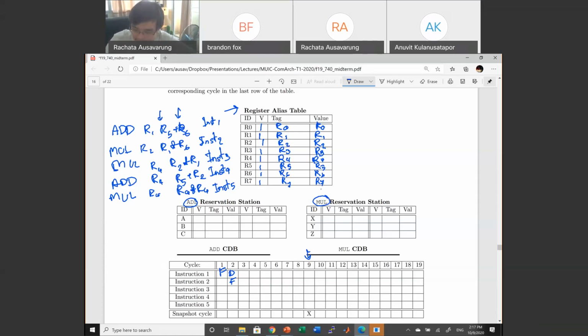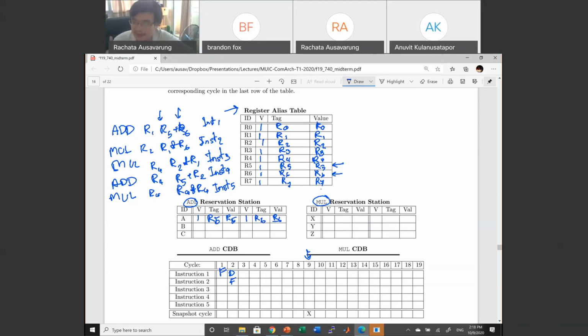So you put in here instruction 1, you add R5 and R6. What are the values of R5 and R6? You basically look here, right? What are the tag and what are the values? The tag and value of both R5 and R6 as well, right? And these are valid. Basically, you copy whatever you see in the register aliasing table. And that's it for cycle number 2.